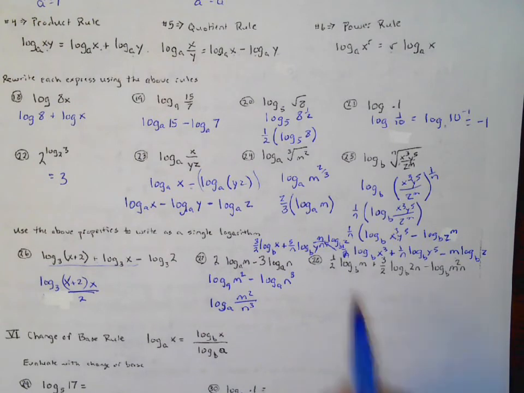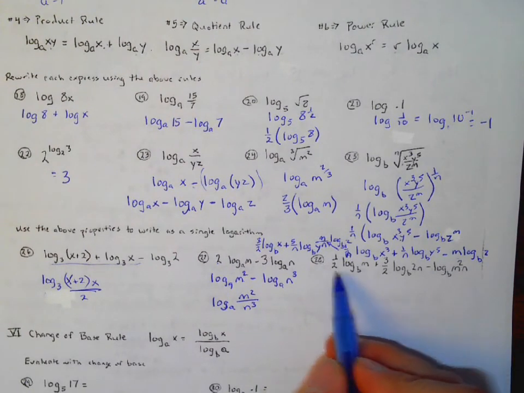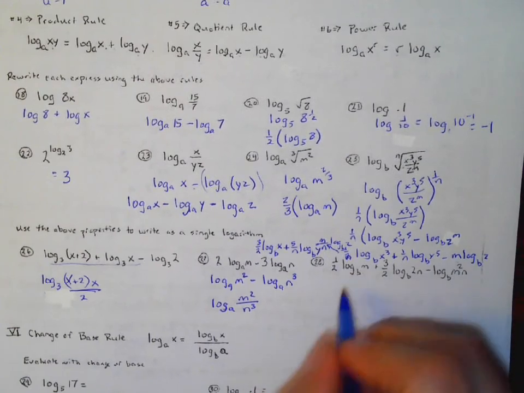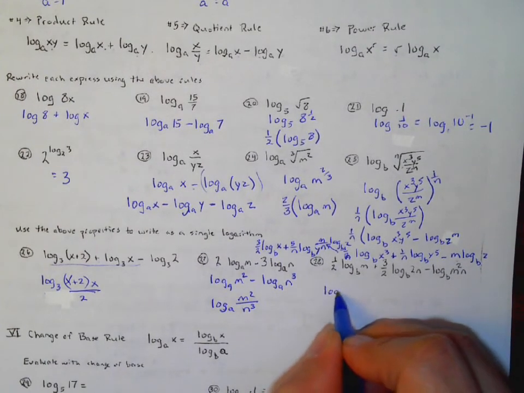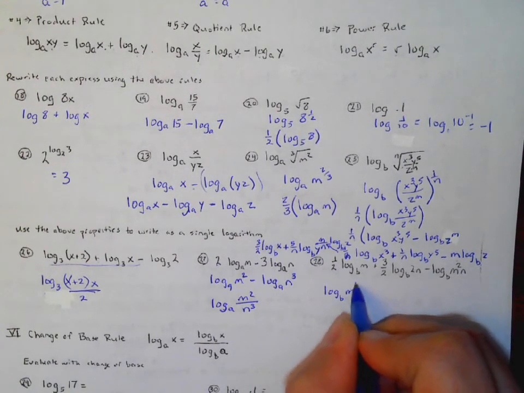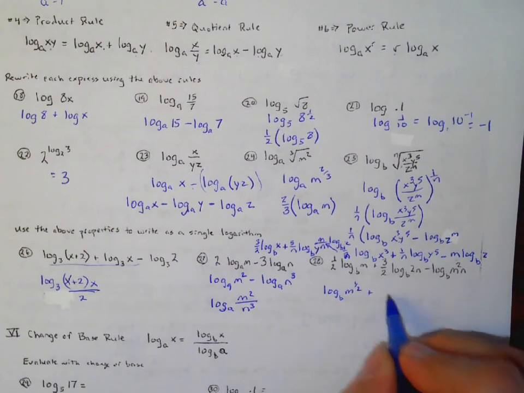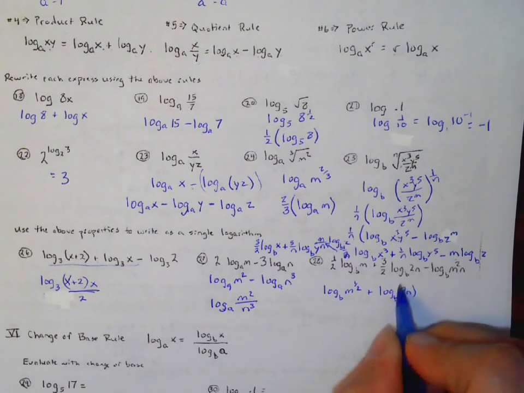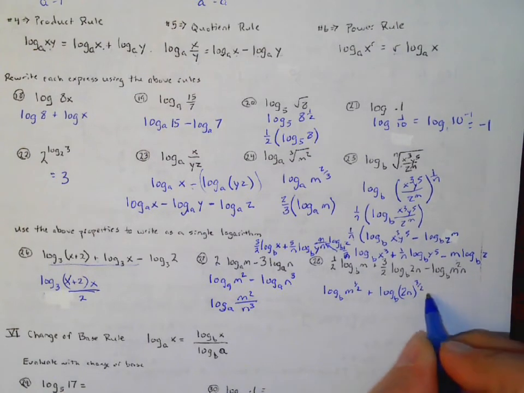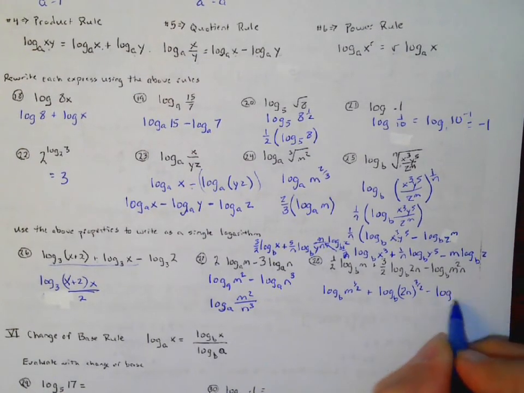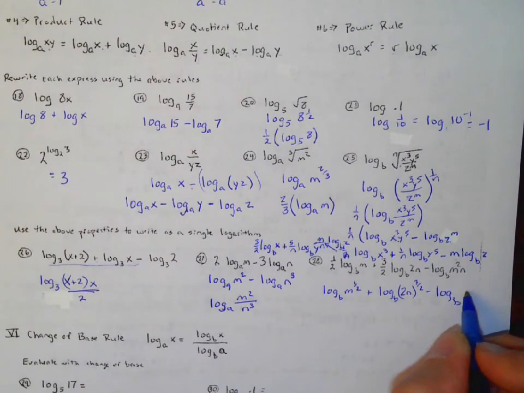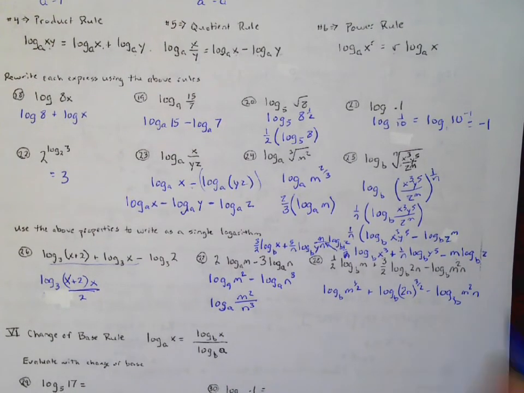Okay, next problem here. First I'm going to take care of the numbers out front using the power rule. So log base b of m to the 1/2 plus log base b of 2n to the 3/2 minus log base b of m squared n.